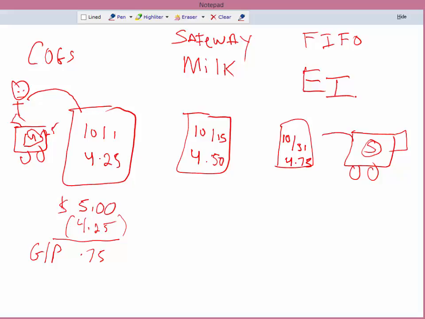We're going to assume that you grabbed the $4.25 ones, regardless of what the actual flow is. We assume FIFO. It so happens that most goods actually flow this way, and that's why most companies just go ahead and use FIFO. That's the way we're going to keep track of these items.